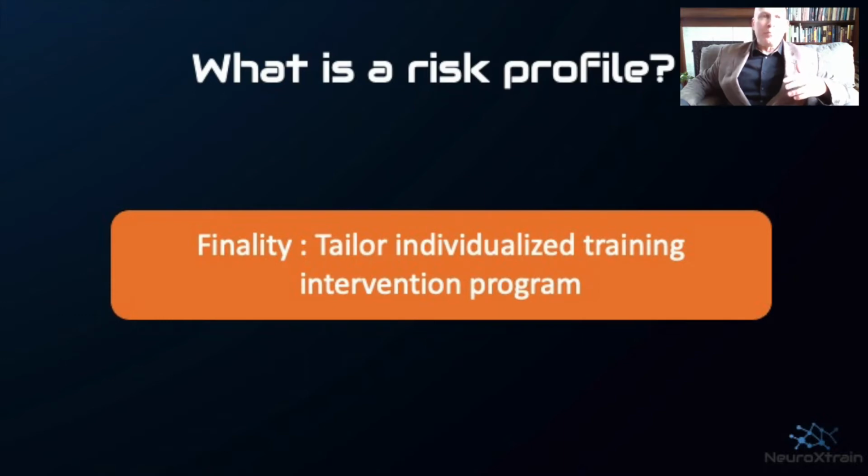So again, not prediction in the sense that we're going to try to predict a specific athlete is going to have a specific injury, but risk profiling an individual to tailor and target training programs and interventions to that individual.